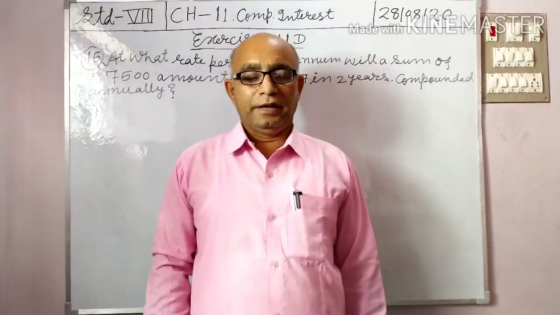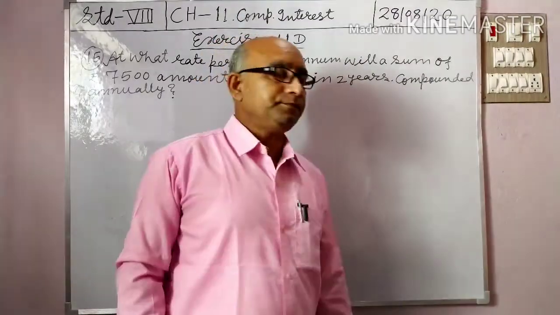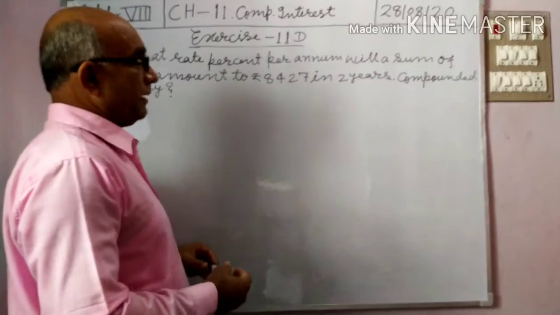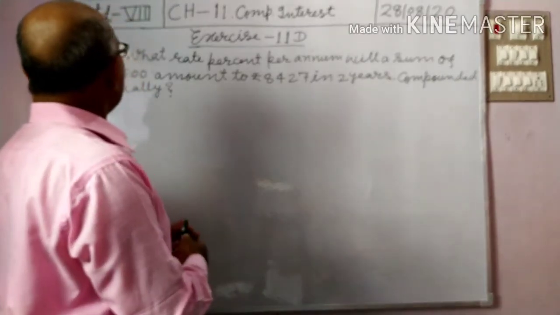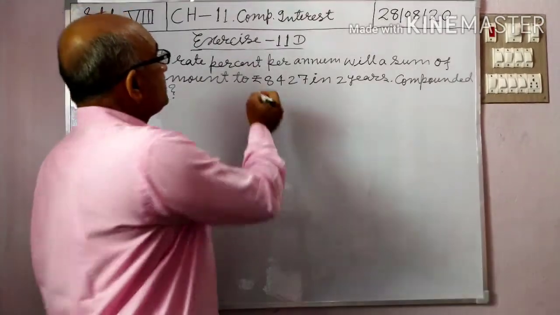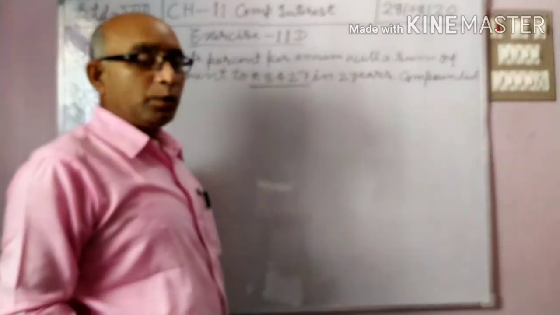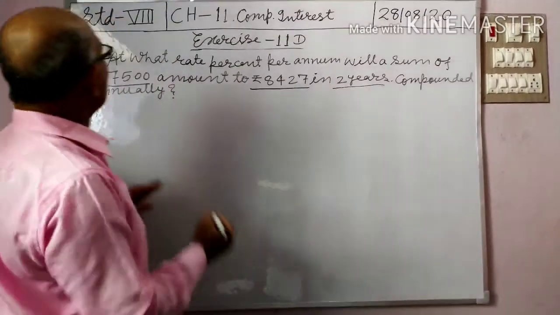Students, next and last question is question number 15. At what rate percent per annum will a sum of rupees 7,500 amount to rupees 8,427 in 2 years compounded annually?